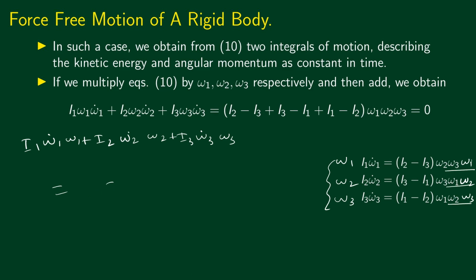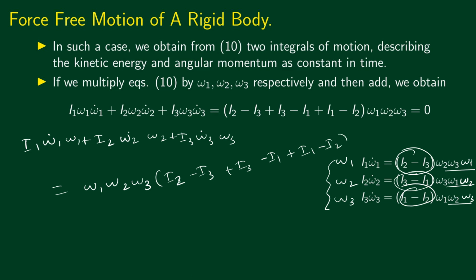So let's write it like this. This is equal to omega 1 omega 2 omega 3 multiplied by (I2 minus I3) from here, (I3 minus I1) from here, plus (I1 minus I2) from here. All these terms cancel, because I2 is combined with minus I2, minus I3 plus I3 is 0, and minus I1 plus I1 is also 0.